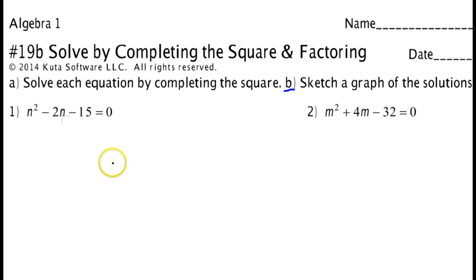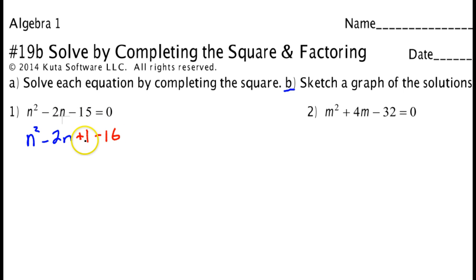So solve by completing the square. Start off by doing the same thing you've always done. Here we go. n squared. Figure out what your c value should be, your perfect square value. So we got half of -2 is -1, -1 squared, +1. And then -15 minus 1 is -16.